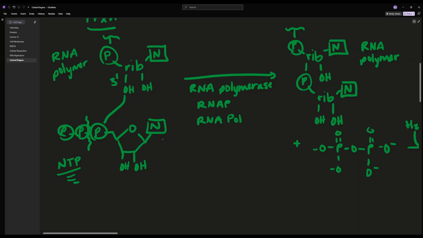So the other way you might see RNA polymerase referred to is a DNA-dependent RNA polymerase, which, oh gosh, there's an abbreviation for it.